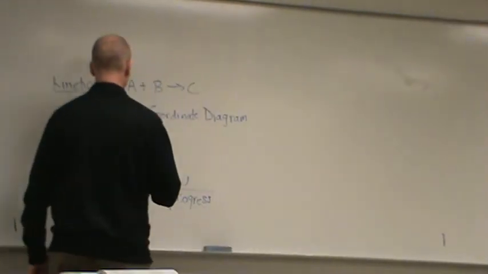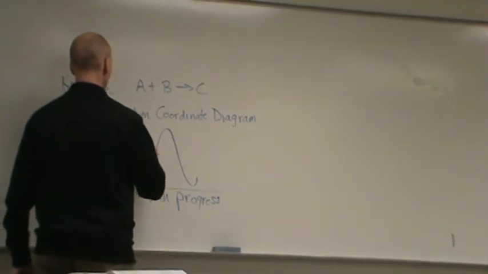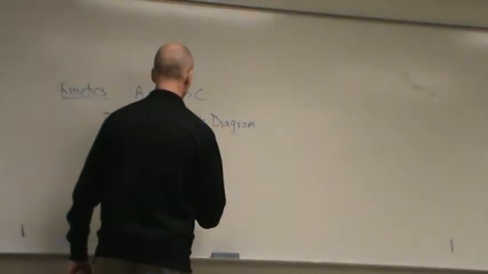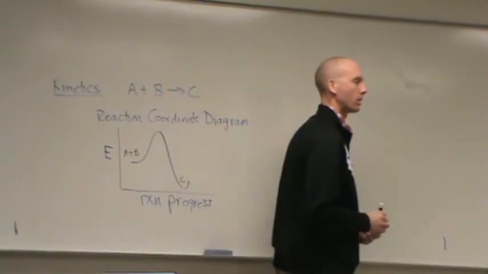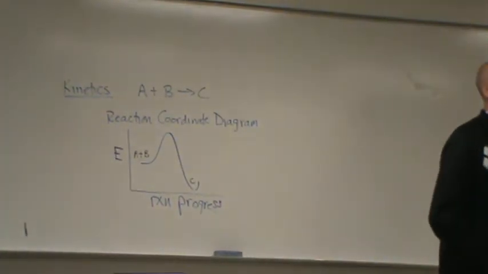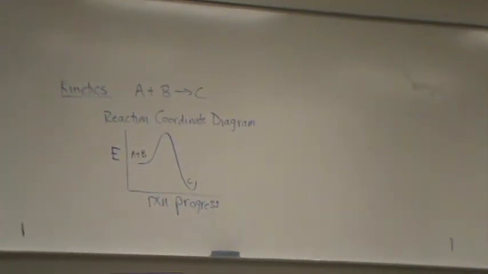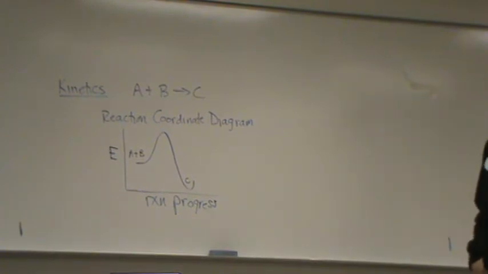So over here would be A plus B, and down there would be where C is formed. So this is an example of one diagram.